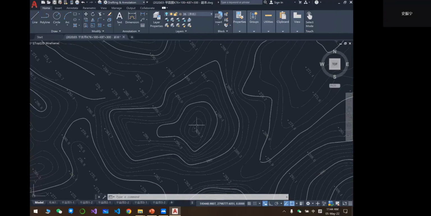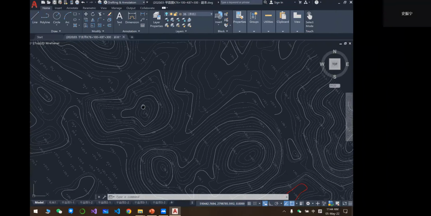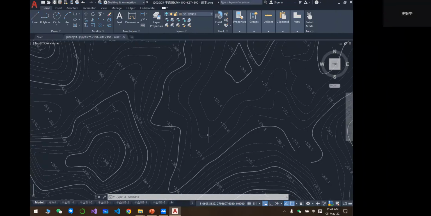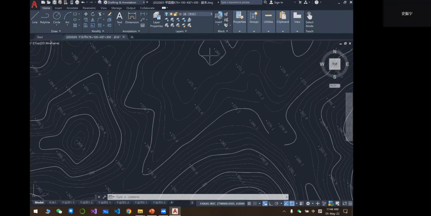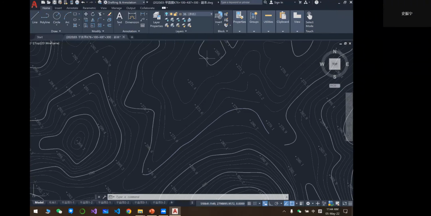Okay. And I will find another one like this. How about this one? If I draw a line from here to here, how about this one? Is this a ridge or valley or others?